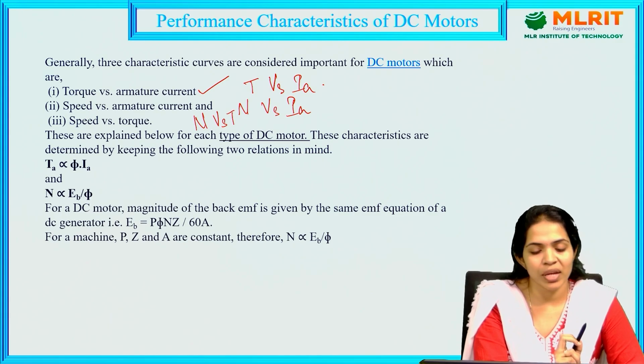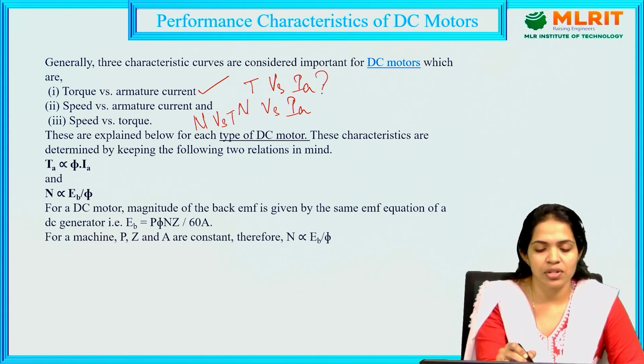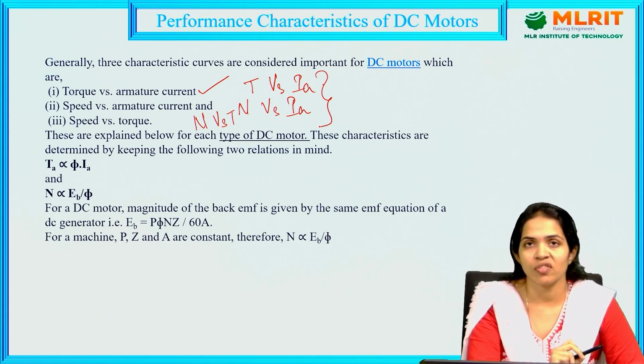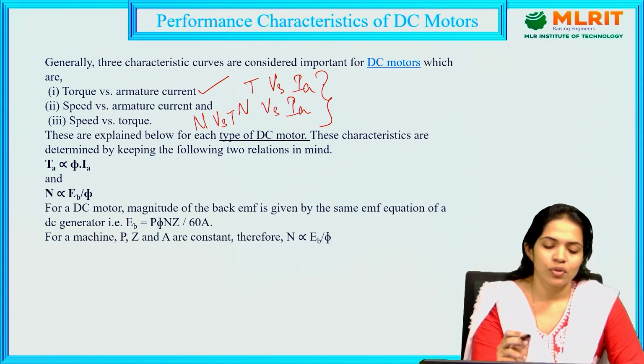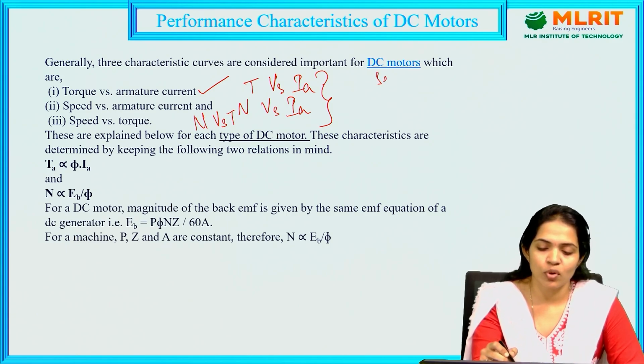These are the three characteristics which we analyze for the three different types of motors which we have: series motors, shunt motor, and compound motor.